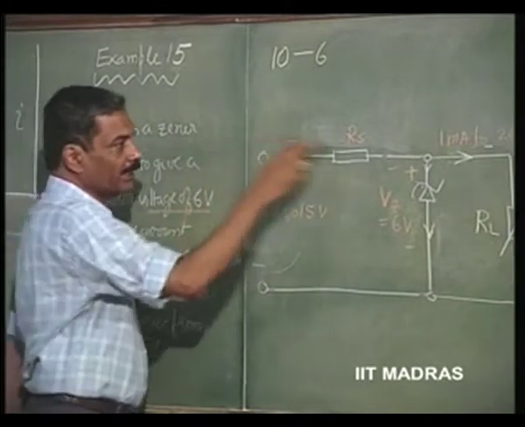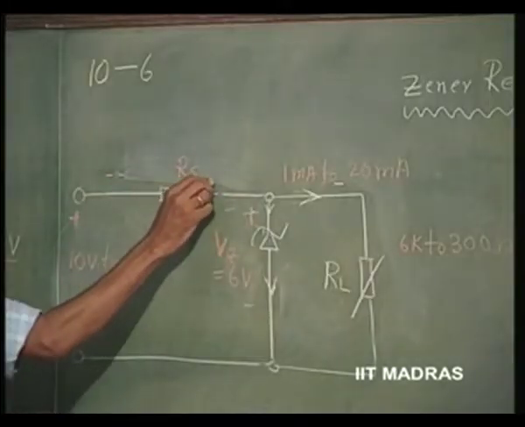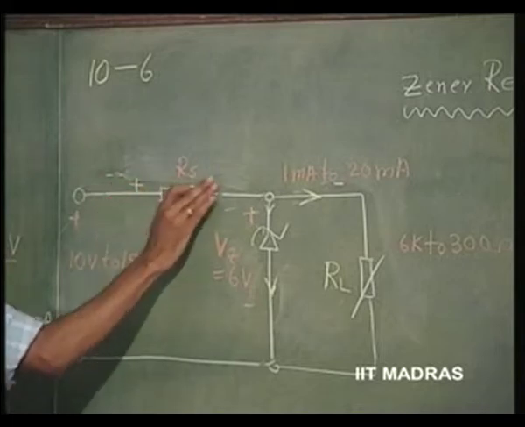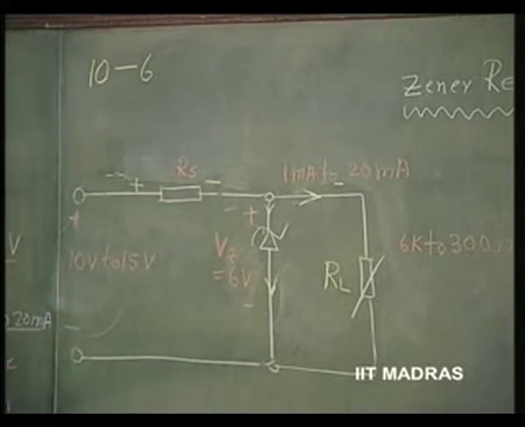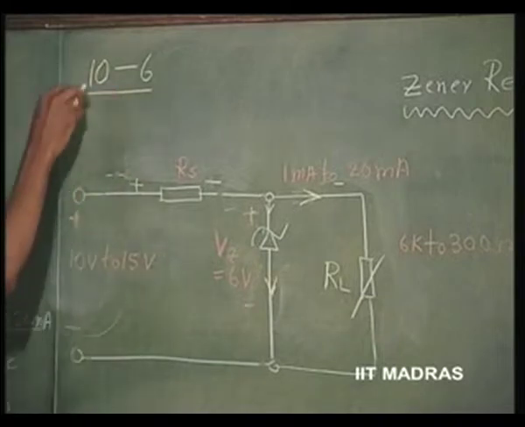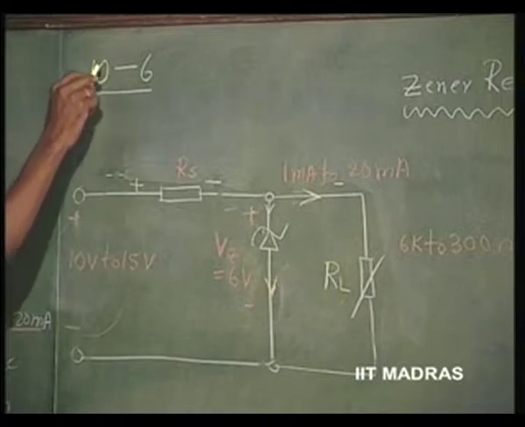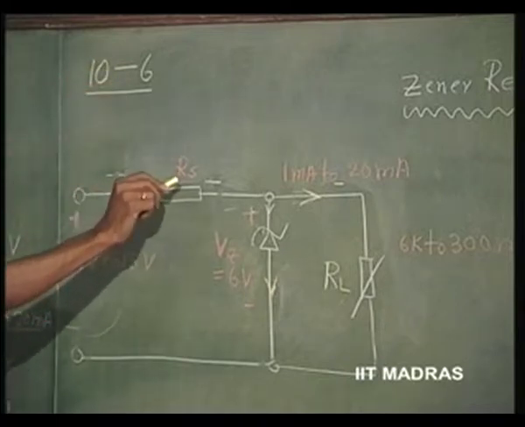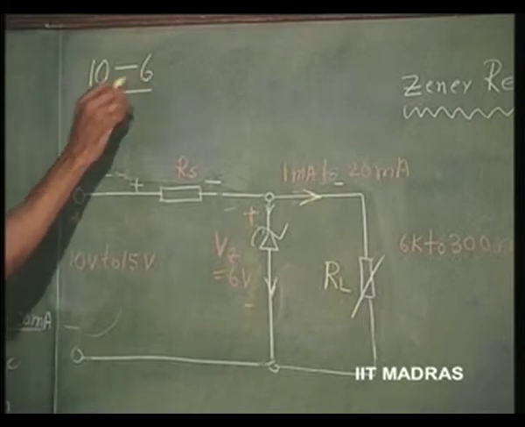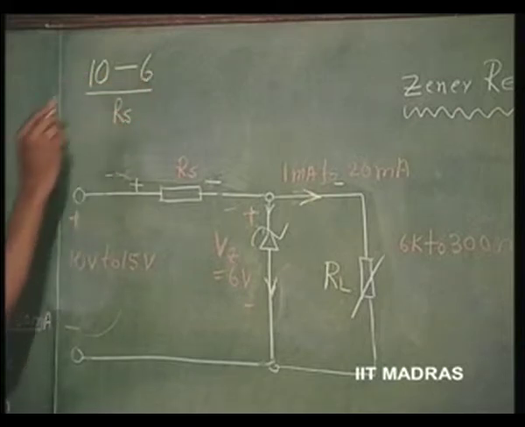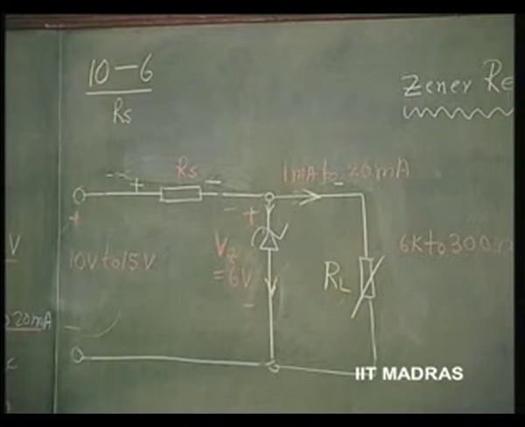So, 10 minus 6 is the drop across this, that is 4 volts, that divided by this has been taken as minimum. So, the minimum current now available in Rs is 10 minus 6 divided by Rs. Suppose Rs is a range. I have not yet chosen Rs. So, I would like to know what should be the range of Rs which is permissible for my design.